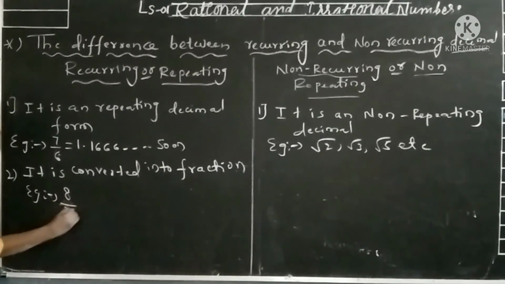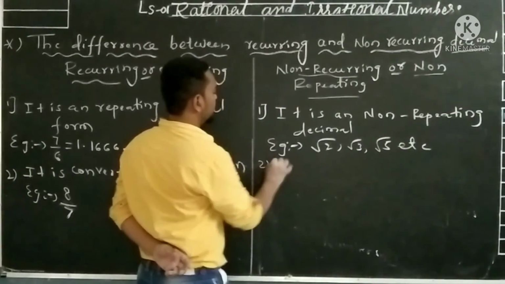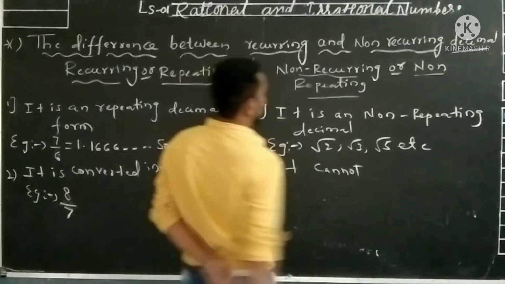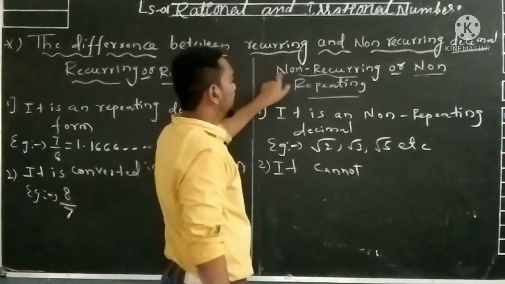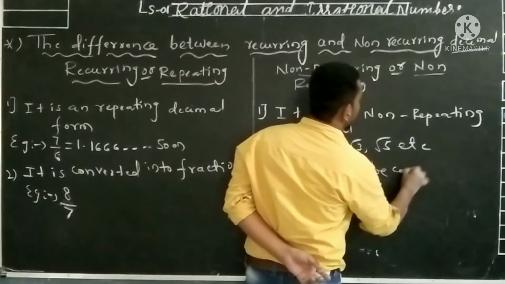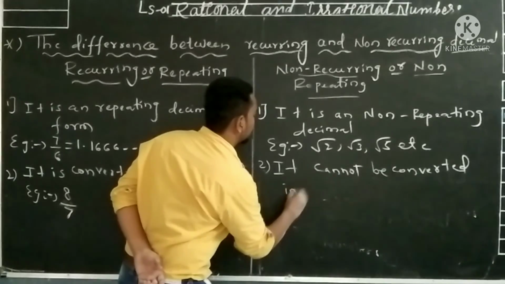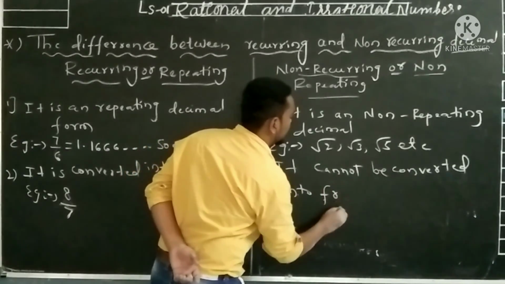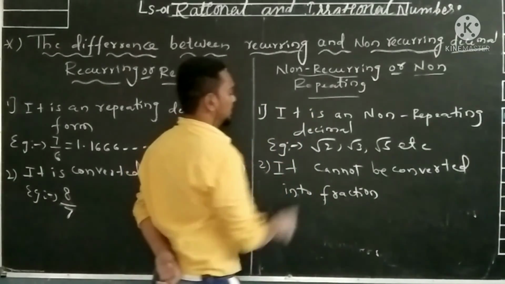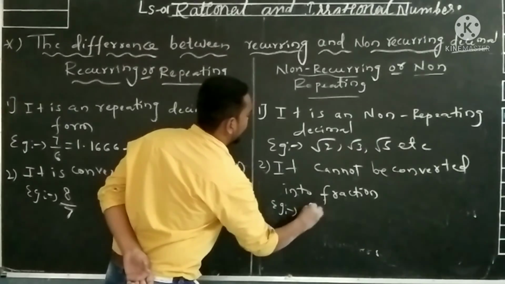A non-repeating or non-recurring decimal cannot be converted into a fraction. Example, root 7.